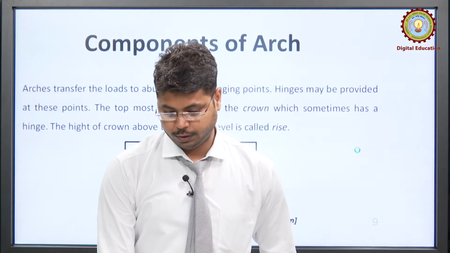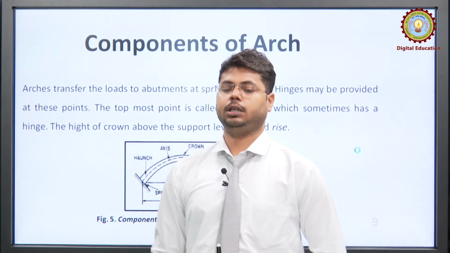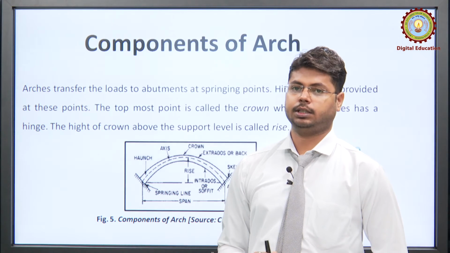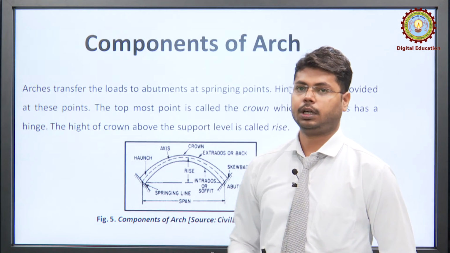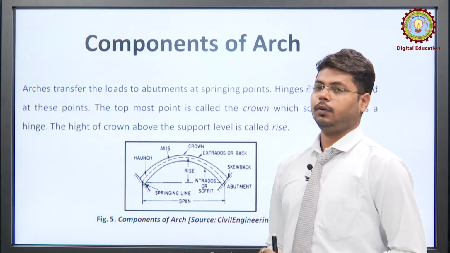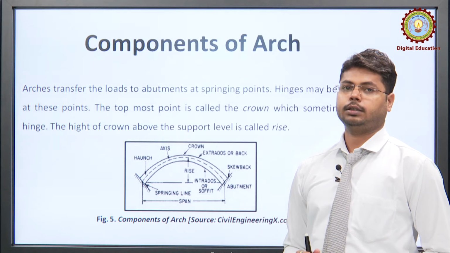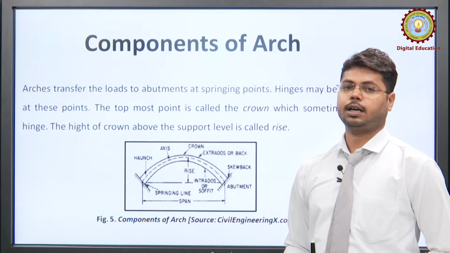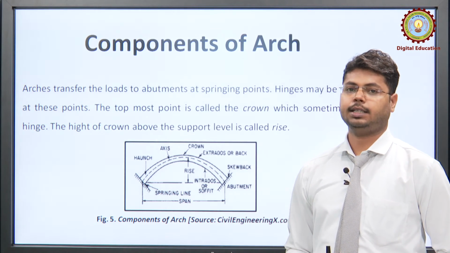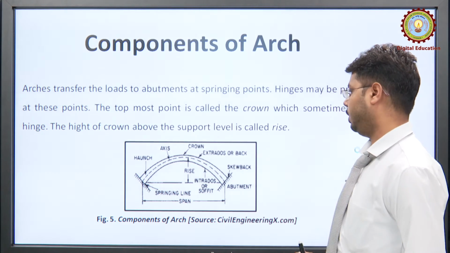Next we are going to do components of arches. What is the component, what is the notation, what is the crown, rise and abutment, we are going to discuss here.